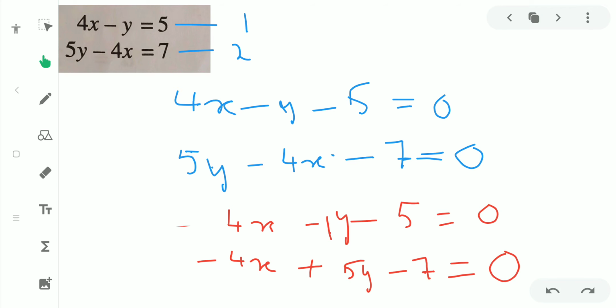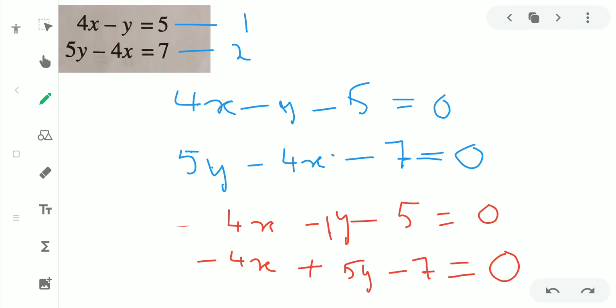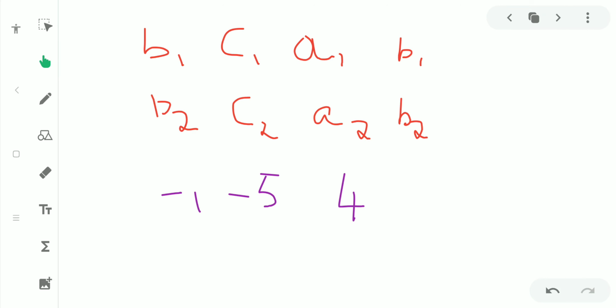And next is C1, minus 5. Next is A1, plus 4. Next is again B1, that is minus 1. So minus 1, minus 5, 4 plus 4, and now we are having last again minus 1.